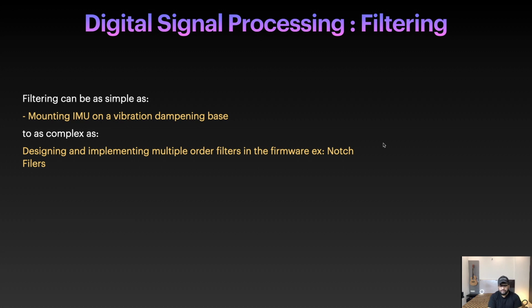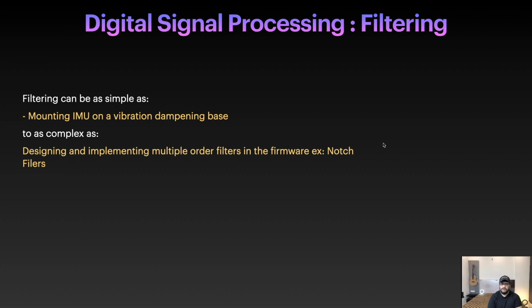First of all, let's talk about filtering, and what we need to filter here. We need to filter the noise which is coming with the actual value of accelerometer and gyroscope. Filtering can be as simple as mounting your IMU on a vibration dampening base, or it can be as complex as designing a multiple order filter in the firmware, for example a notch filter.